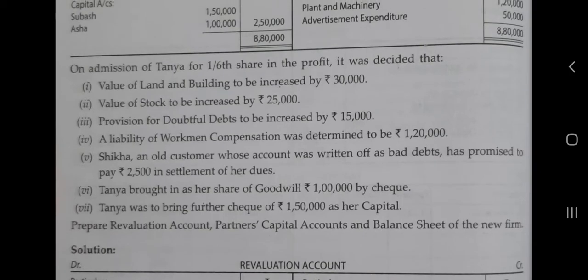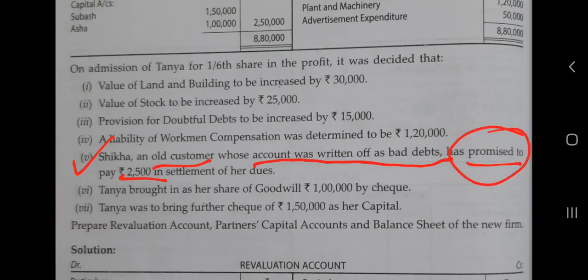point number 5. Shikha, an old customer, whose account was written off as bad, promised to pay 2500. She has promised to pay, she has not paid. In case she has paid, we will increase 2500 in the bank account or cash account, but she has only promised to pay.